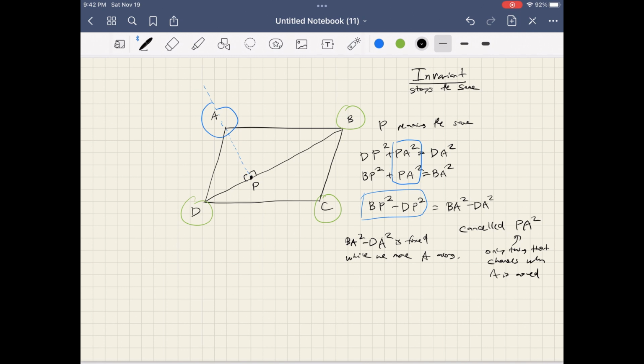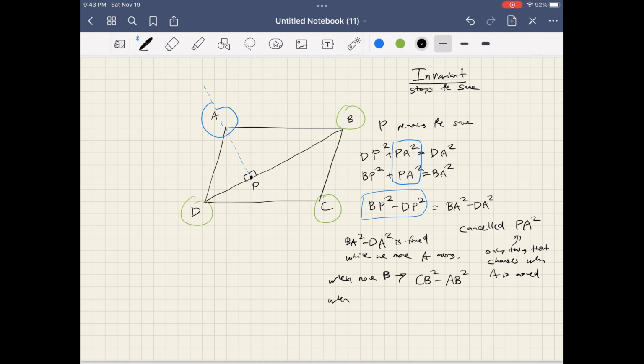So when we move B, then similarly to how we analyzed A, you'll be able to see that instead of BA squared minus DA squared being fixed, CB squared minus AB squared remains fixed.